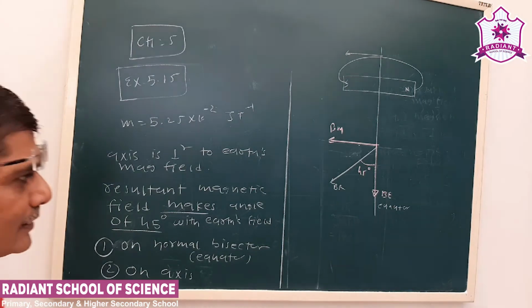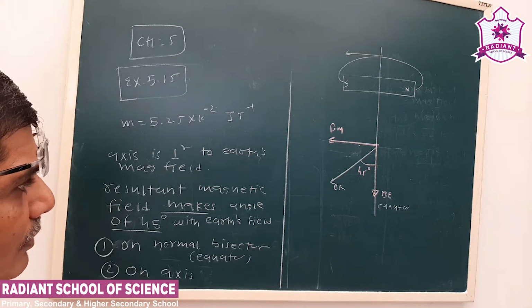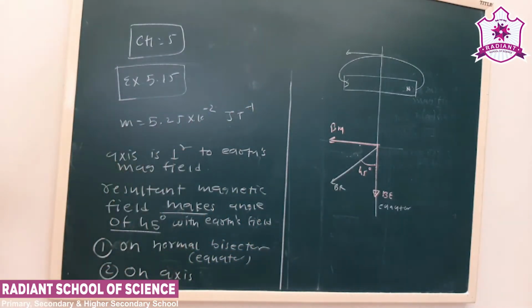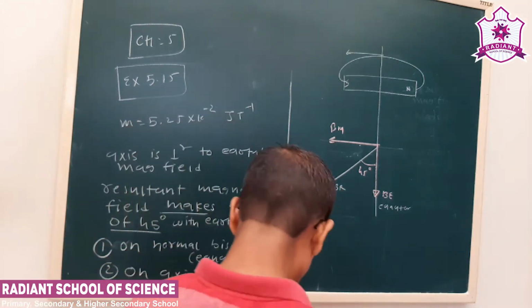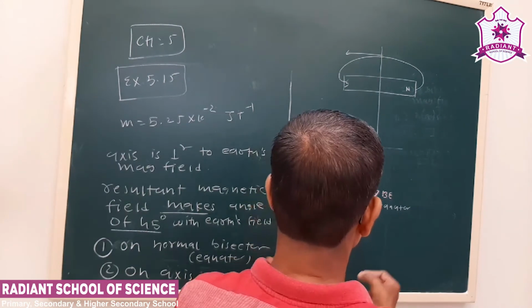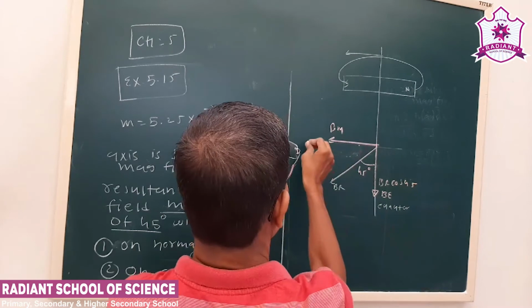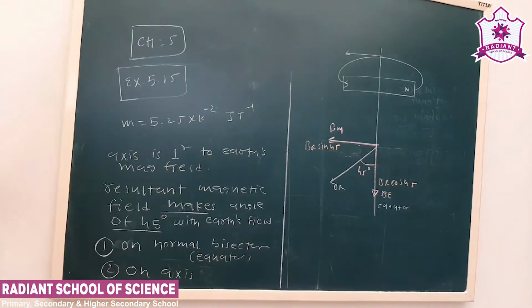Now here it is very simple for us, because these two angles will be equal. If I consider the components, one will be BR cos 45 and BR sin 45.